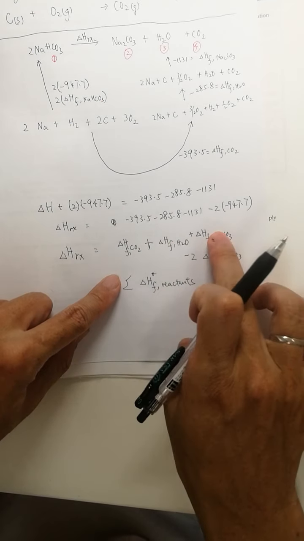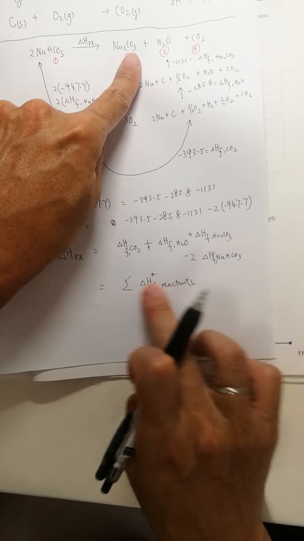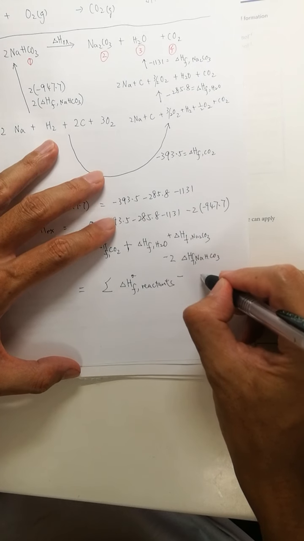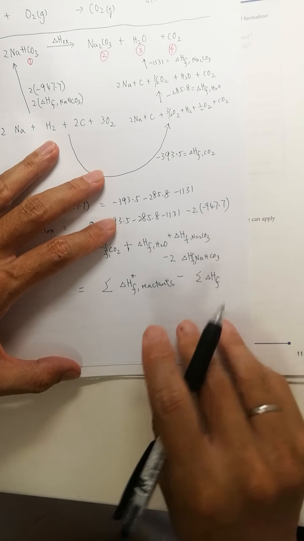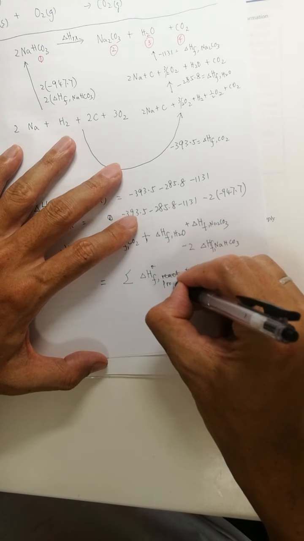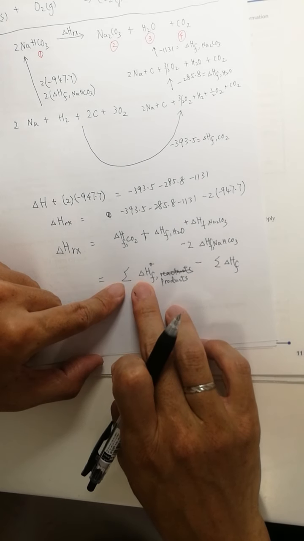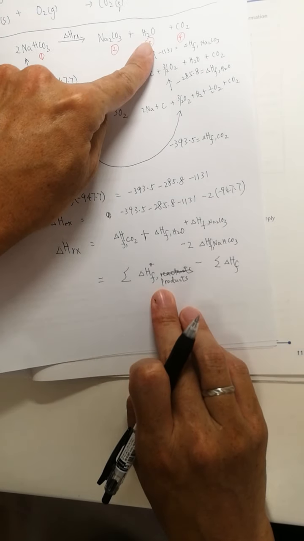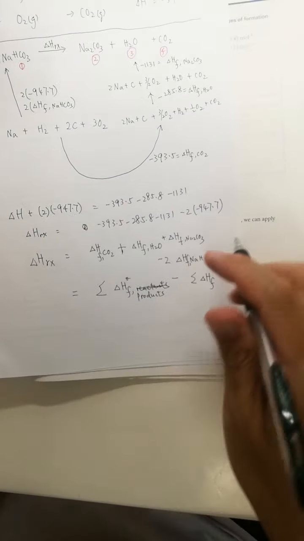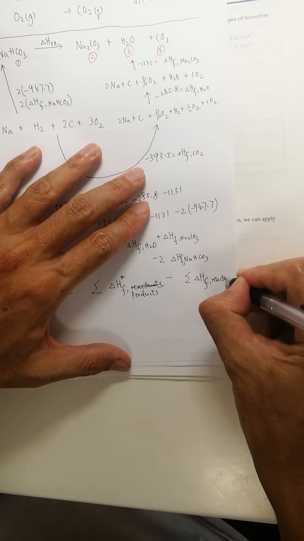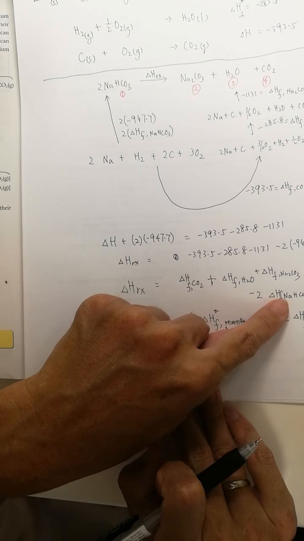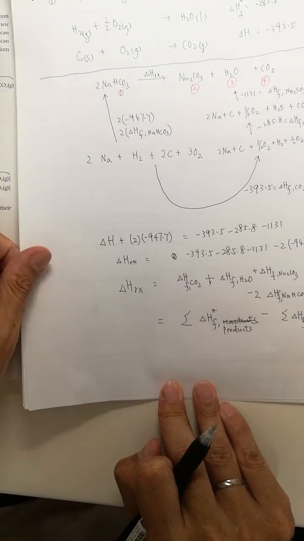Sum of the delta H formation of products, carbon dioxide, water, and sodium carbonate, minus reactants formation. And because there are two here, you need to have 2 times the formation of sodium hydrogen carbonate.